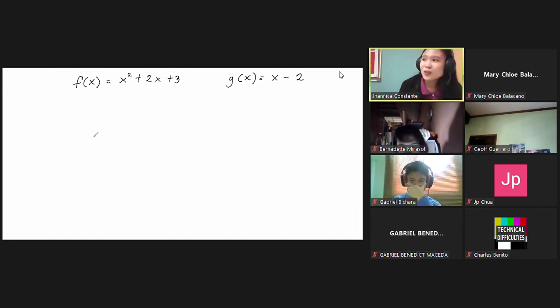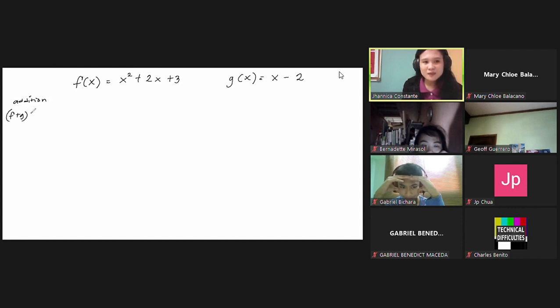So let's start with the first operation, which is addition. Let's add these two functions. So f plus g of x is x squared plus 2x plus 3 plus our g of x function, which is x minus 2.